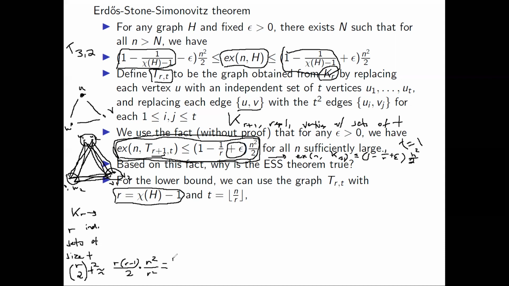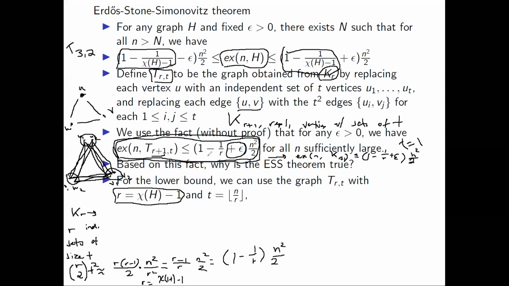And so we get (r minus 1) over r times n squared over 2. And this, I just want to note, is an n. Let me make that more legible. There we go. And so that gives us the lower bound we want if we take r equal to the chromatic number of H minus 1, because we can write this right here as (1 minus 1 over r) times n squared over 2.